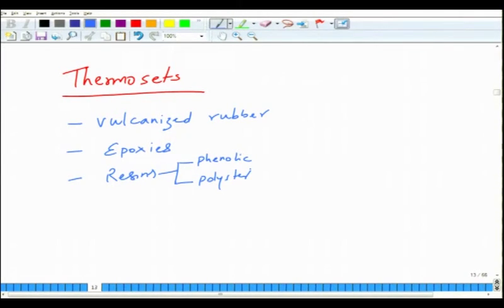If you are a metallurgist, you might have used the resin to set the sample, right? It is used for metallographic samples, and that resin becomes very hard after curing, and if you heat it up, it just degrades, it does not melt.